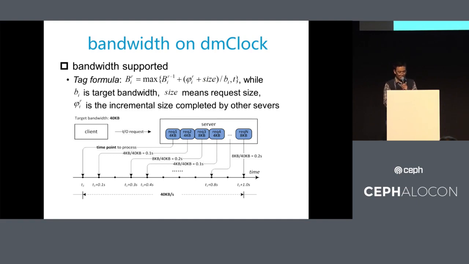Request 3 is 8 kilobytes, so it will be processed at 0.2 seconds after request 2. So does request 4, request 5, and others.